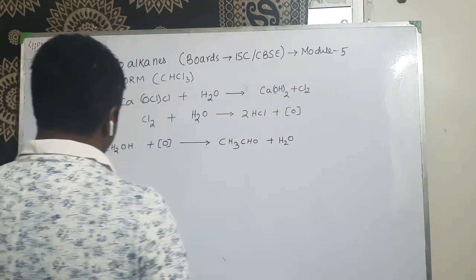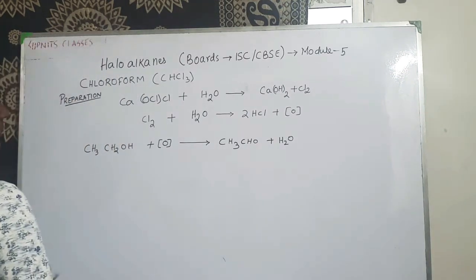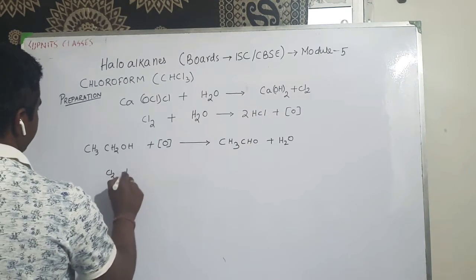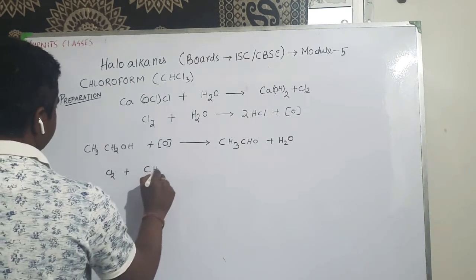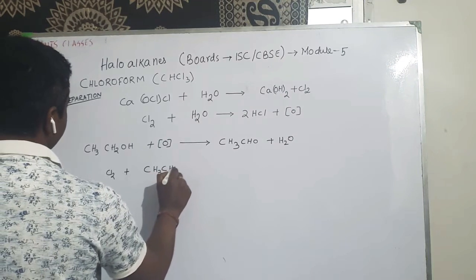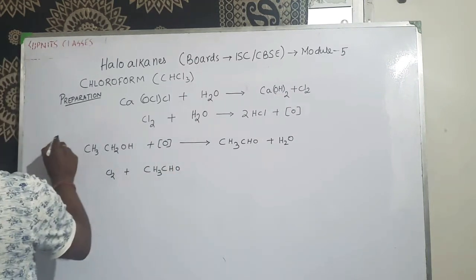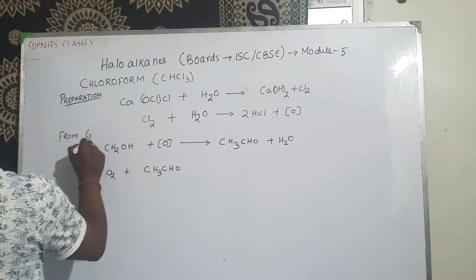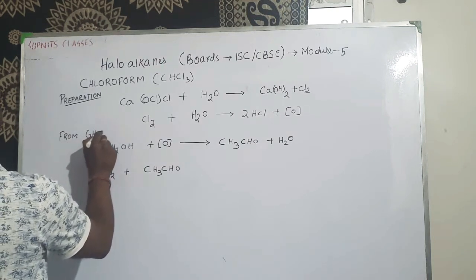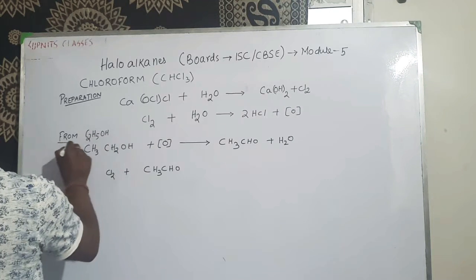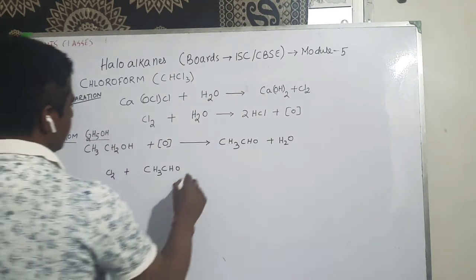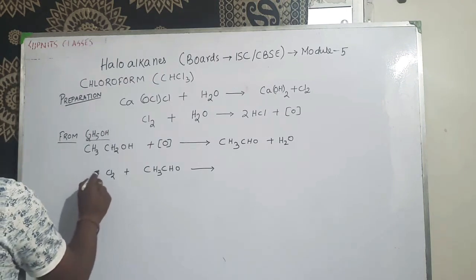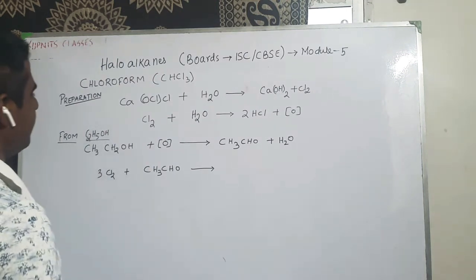And as soon as you get this, you already have Cl2, so chlorine plus CH3CHO. We are talking about preparation from ethanol. When this reacts, there will be 3 molecules of Cl2.